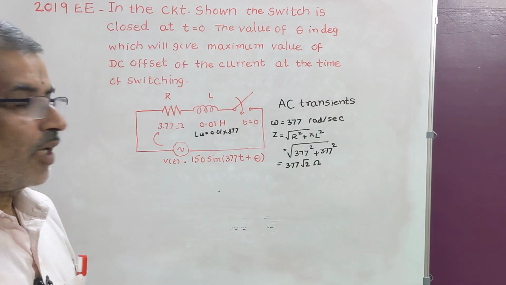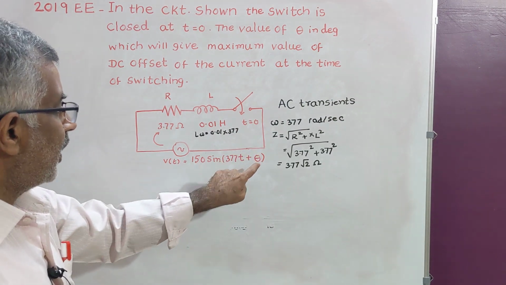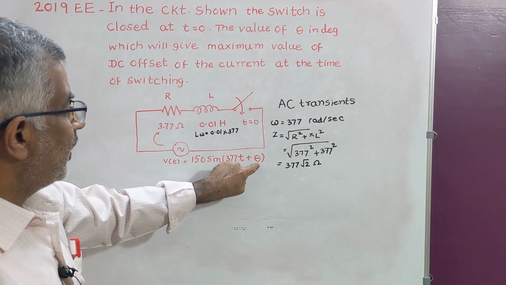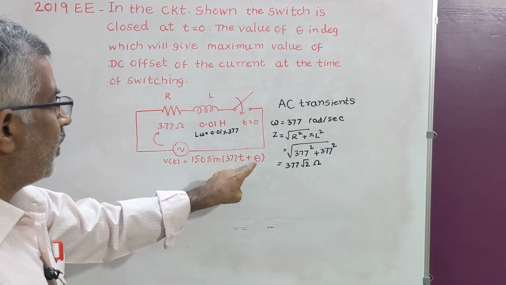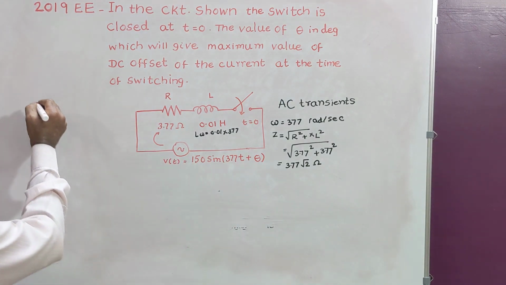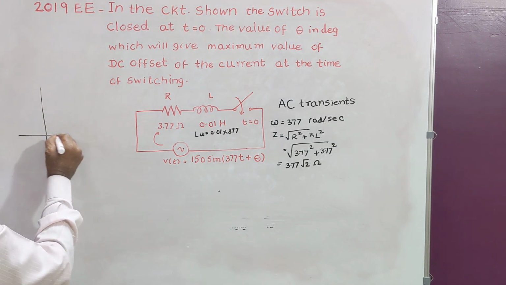Now first you must understand what this theta is. 377t plus theta.